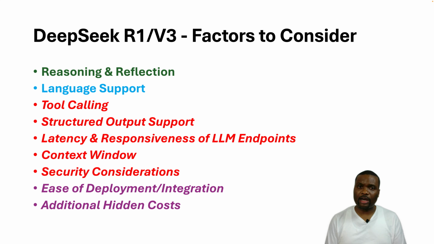And definitely, as of the time of this recording in February of 2025, we don't have support within DeepSeek for tool calling, for structured output support, and some of the endpoints are kind of slow and not able to carry the expected number of tokens per minute.